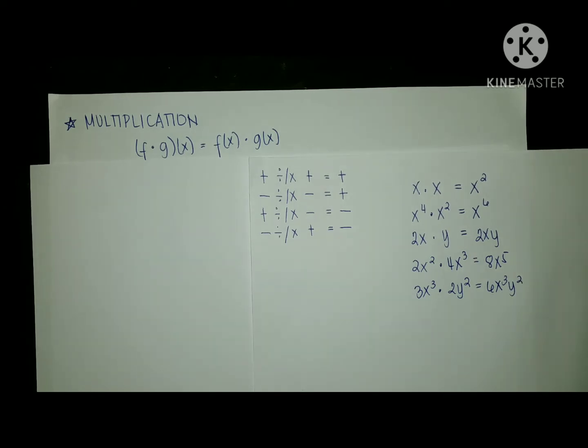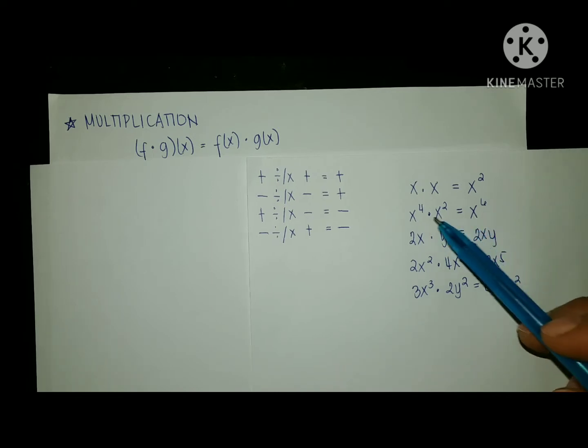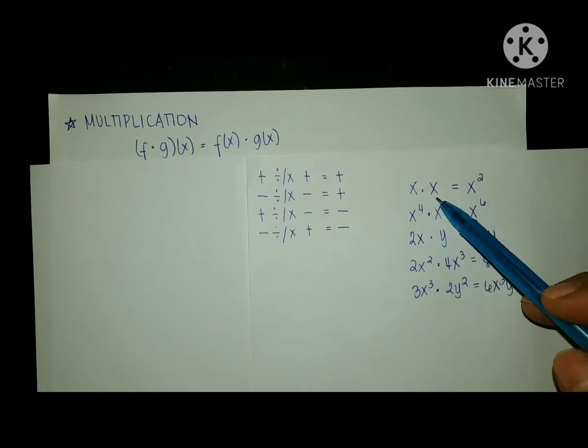So on multiplying monomials, the rule is that first, multiply the numerical coefficients. Numerical coefficients are the numbers on the left side of the literal coefficient. In this case, we have the literal coefficients x and x.